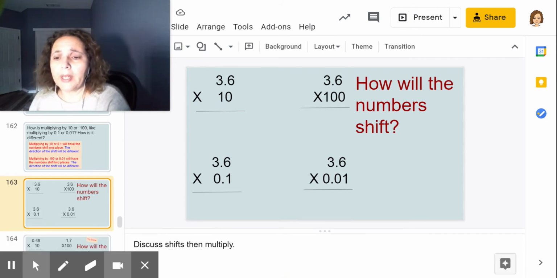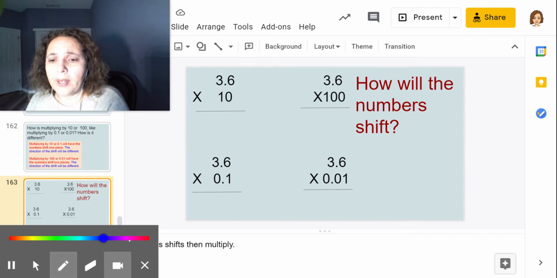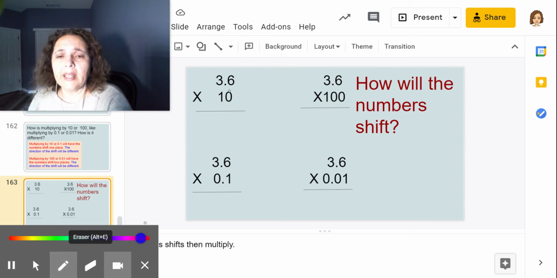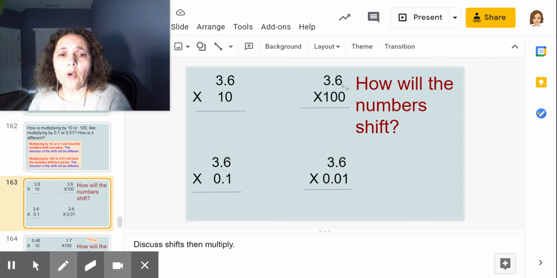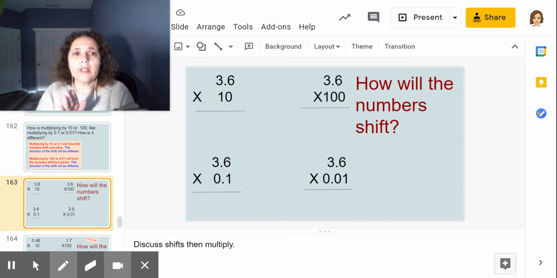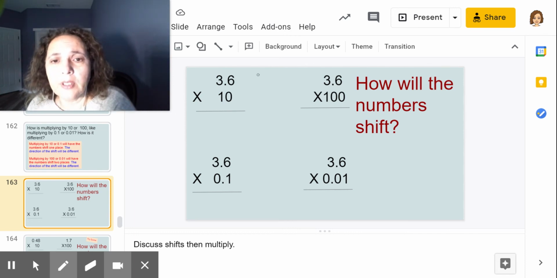So if I'm multiplying here by 10 or 100, I know that they're going to get bigger. In order to get bigger, they've got to shift to the left. So all these are going to shift to the left.